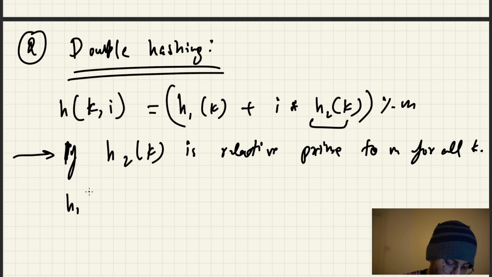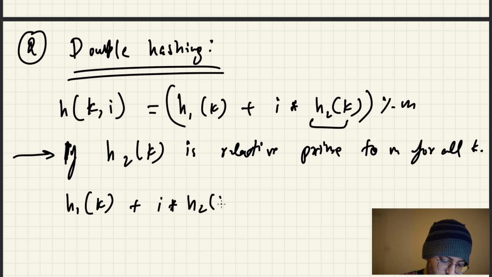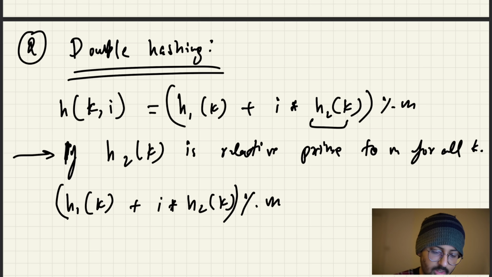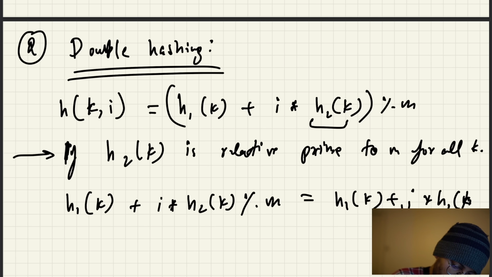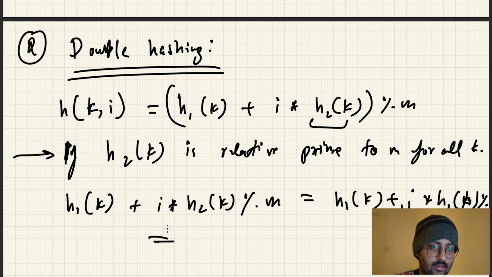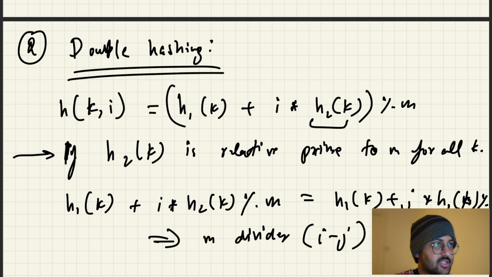Because if I write the formula h1 of k plus i multiplied by h2 of k mod m, this I can say is actually equal to h1 of k plus j multiplied by h2 of k mod m, and here I can say this means m divides i minus j.